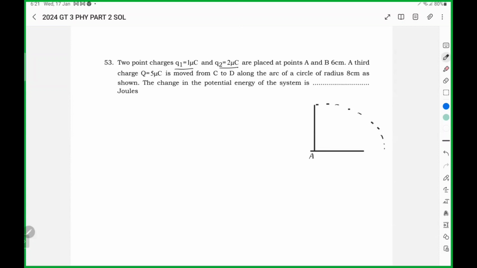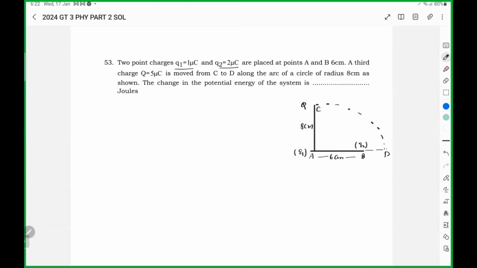At A, charge Q1 is placed. At C, charge Q is placed. At D, which is 6 centimeter distance from A, Q2 is placed.